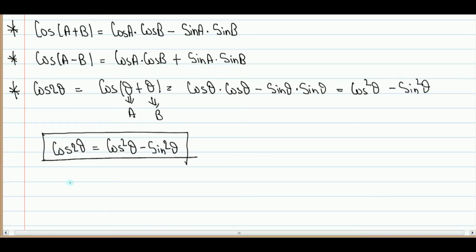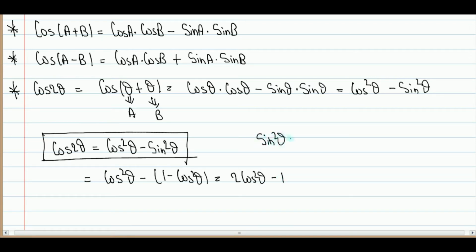You can write it another way also. How? You can write sine square theta as 1 minus cos square theta, and this will be equal to 2 cos square theta minus 1. How can you write sine square theta as 1 minus cos square theta?